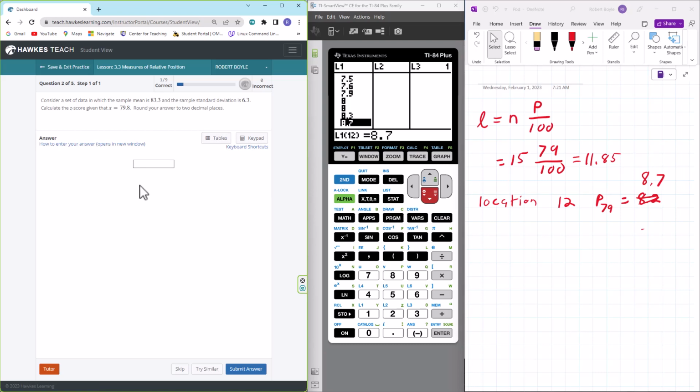Here we want to consider a set of data where the sample mean is 88.3 and the sample standard deviation is 6.3. And we want to calculate the z-score given that x is 79.8.